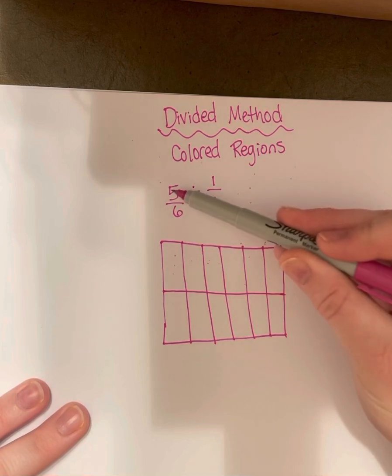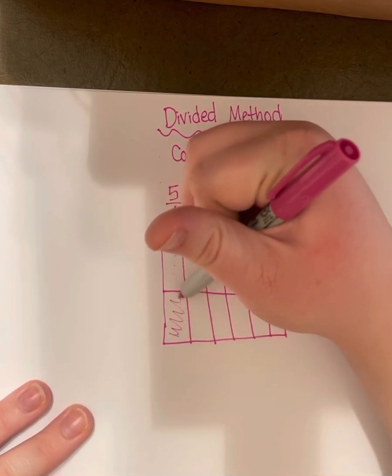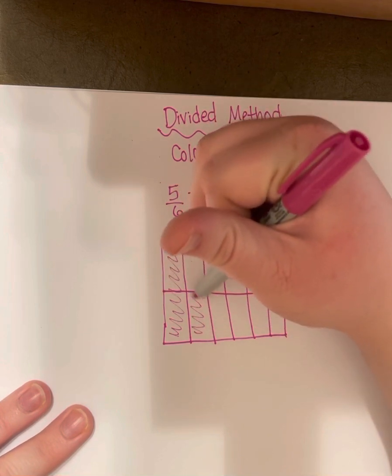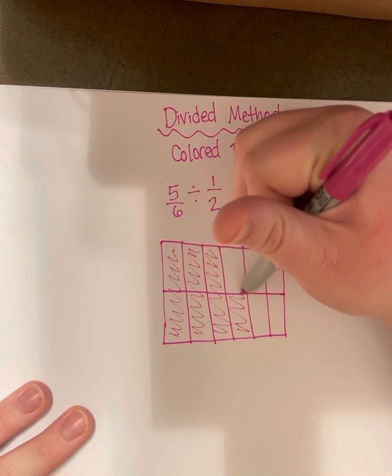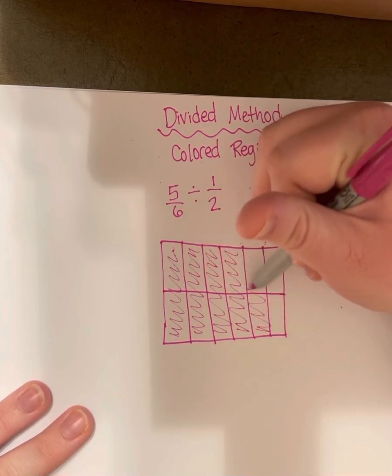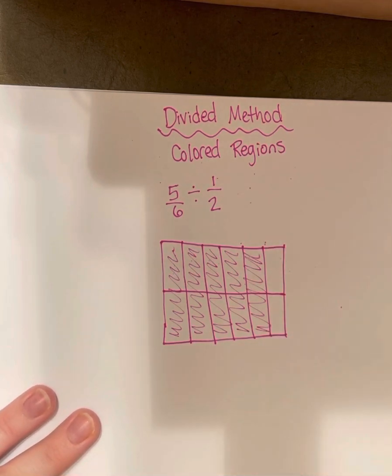Okay, so going back to the first, it's 5/6. So that tells us we have to color in 5 columns. 3, 4, 5, and 1 needs to be circled.